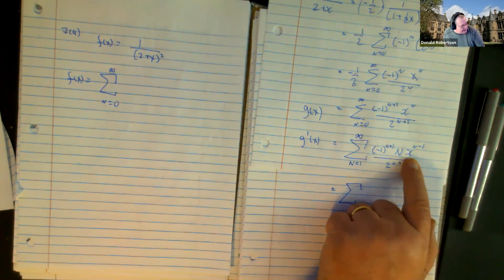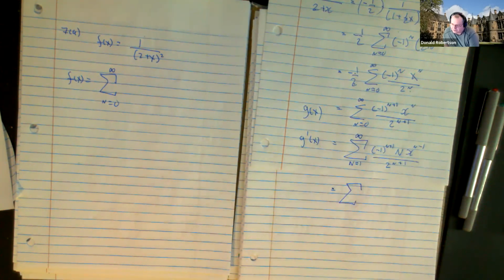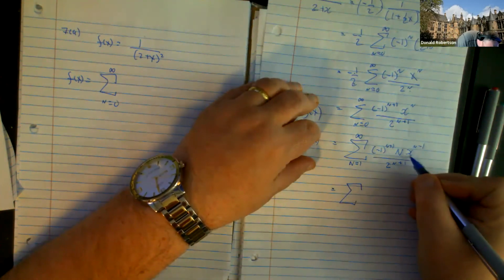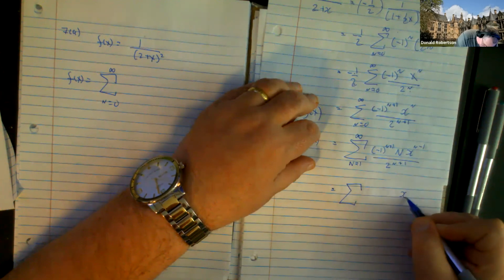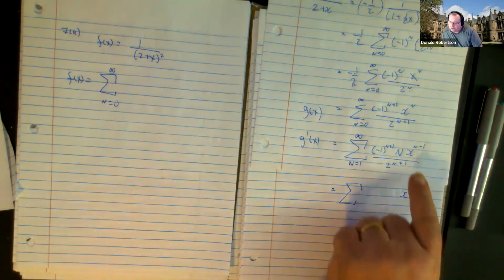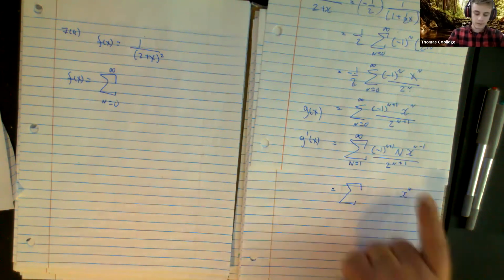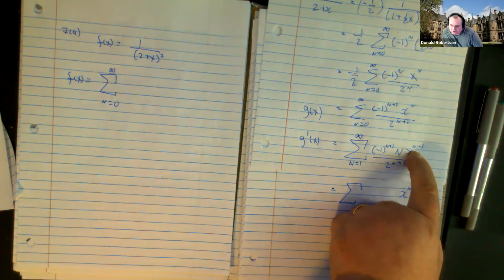That definitely looks good, but it's not considered good enough style points. So what I'm going to do is change this to x to the n, the way we'd like it to be written. Now, to do that, I'm going to change this to n.